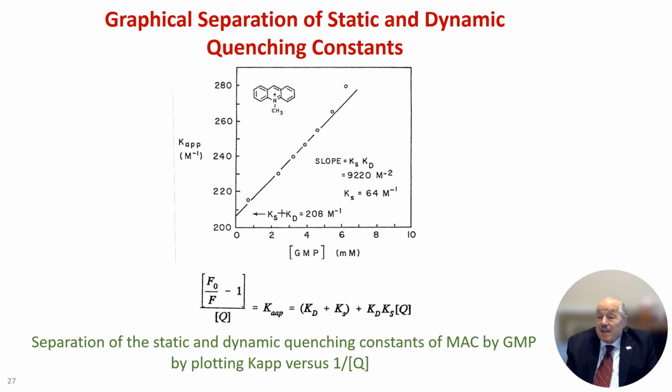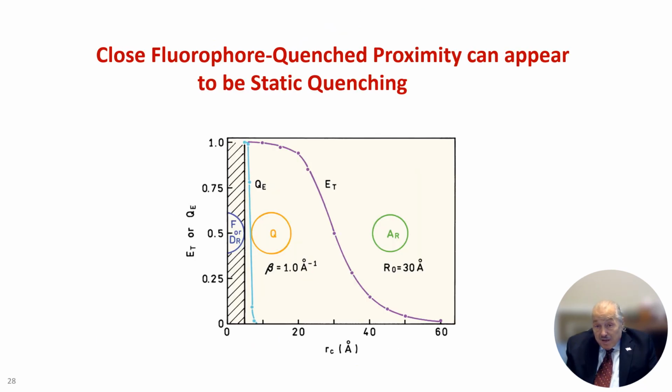That all sounds simple, and it pretty much is, but there are a couple of caveats, and we'll discuss some more in the next lecture. But one is that close fluorophore quencher proximity can look like static quenching.